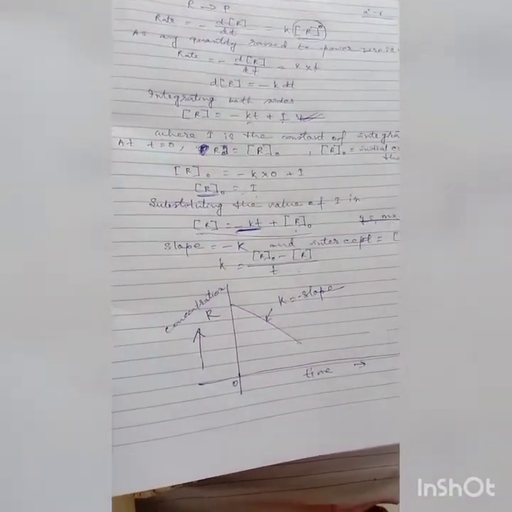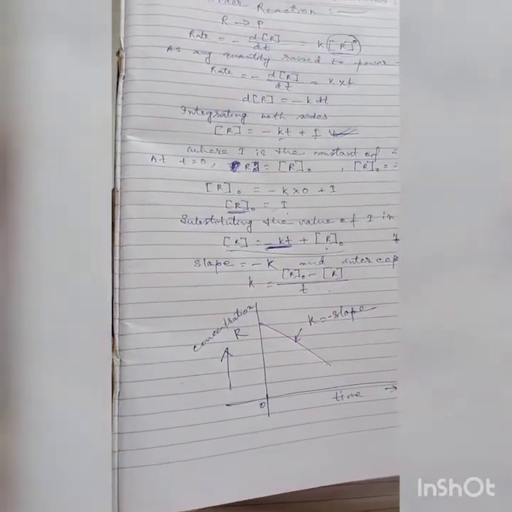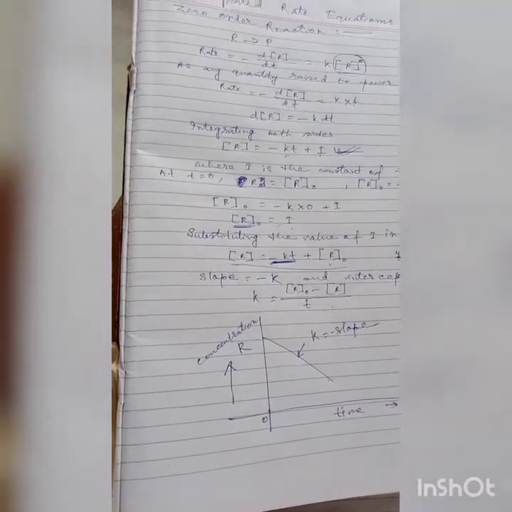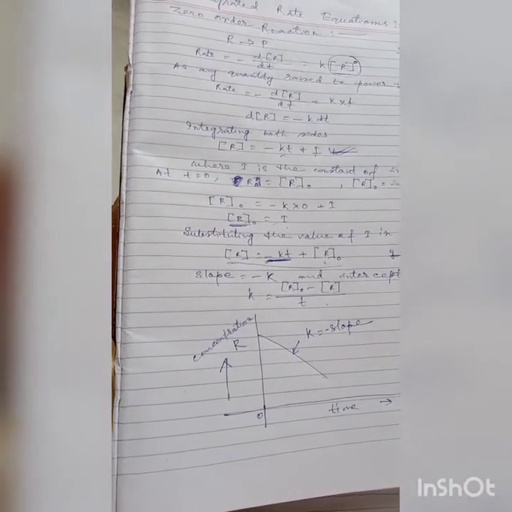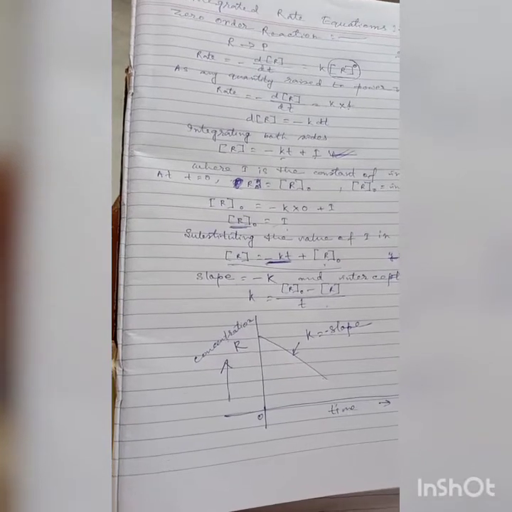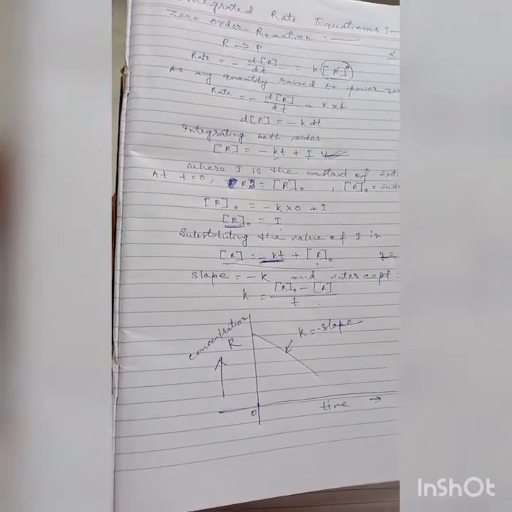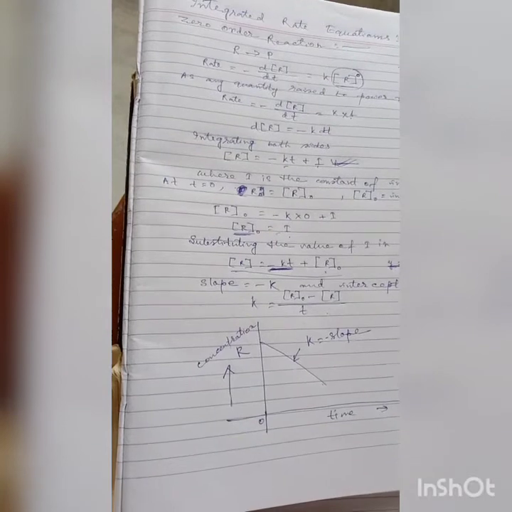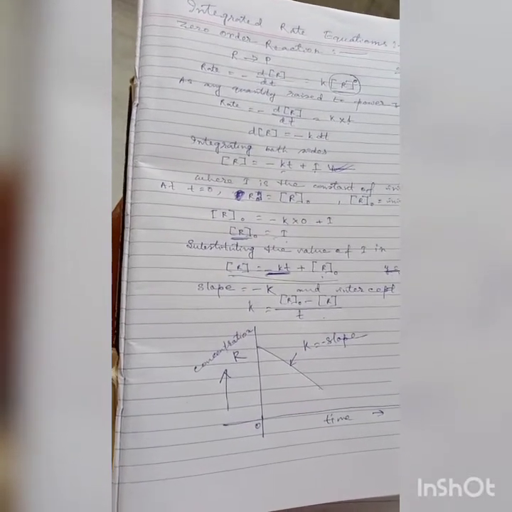Students, zero order reactions are relatively uncommon, but they occur under special conditions. Some enzyme catalyzed reactions and reactions which occur on metal surfaces are a few examples of zero order reactions.